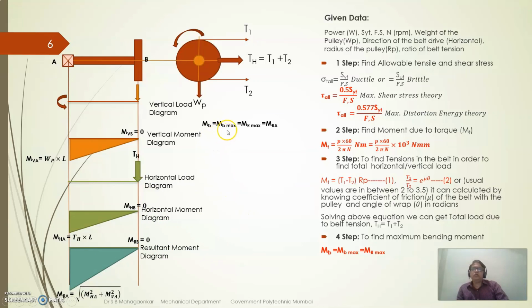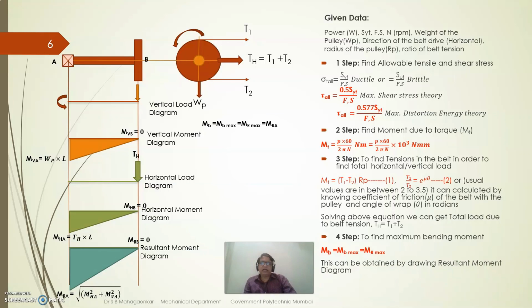MB is equal to the maximum bending moment, which is nothing but MR maximum. So in that MR you are going to get the maximum, so that value you have to take. This MB maximum, MR maximum can be obtained from the resultant moment diagram that I have shown here.